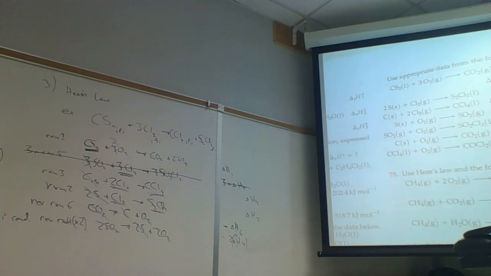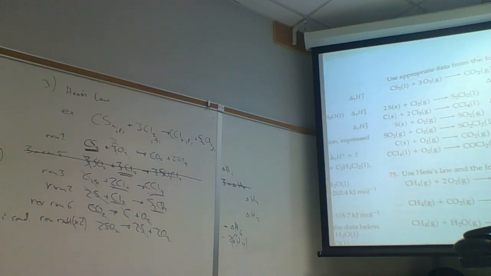You know, delta H1 is minus 1077 kilojoules per mole. I'm going to put the units at the end. Delta H3 is minus 135.4, so plus or minus 135.4. Delta H2 is minus 58.2, so plus or minus 58.2.